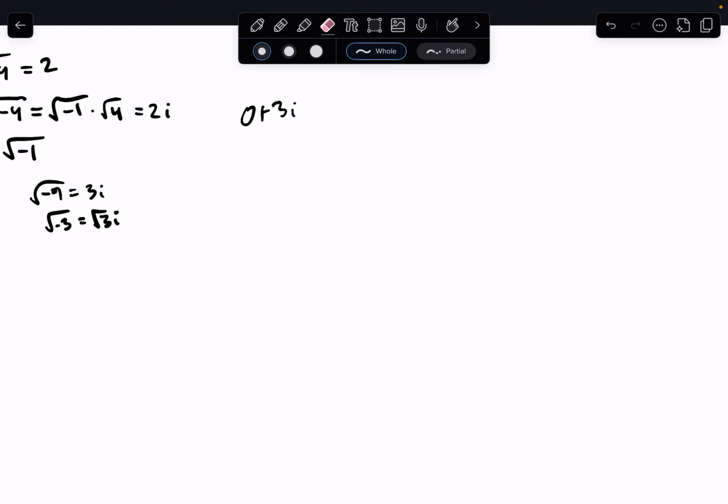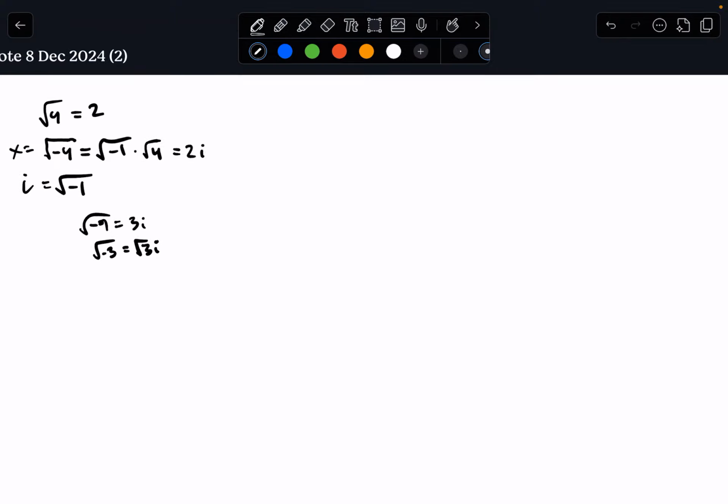So all real numbers are complex numbers, or R is a subset of C. Now, 0 technically is a real and complex number. So basically, R is a subset of C. This means that all real numbers are complex, but not all complex numbers are real.